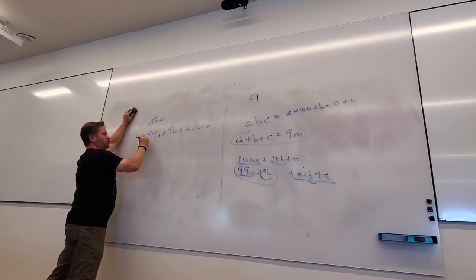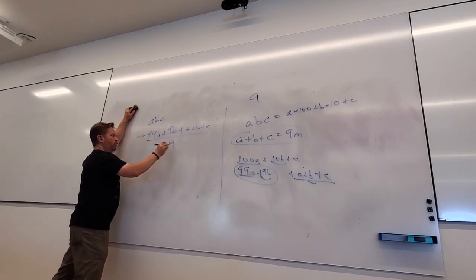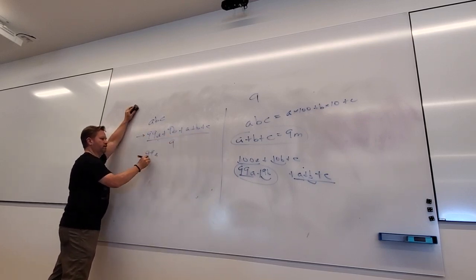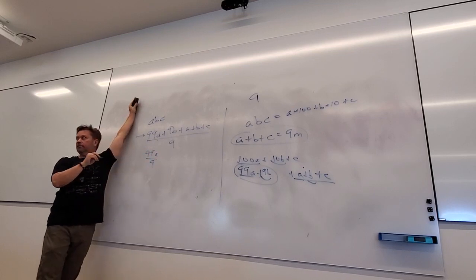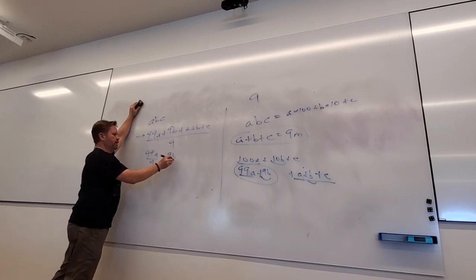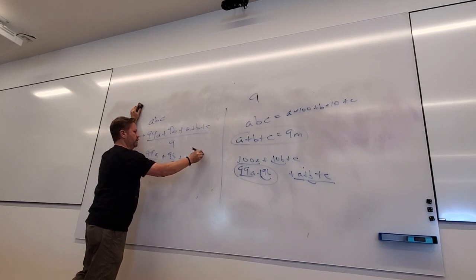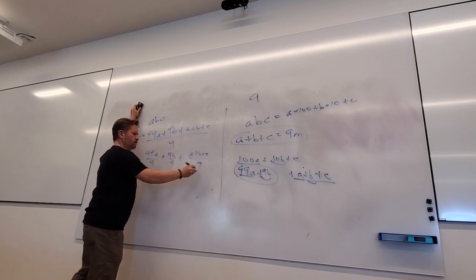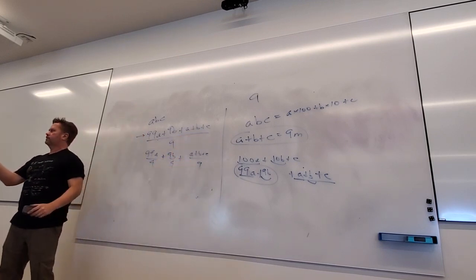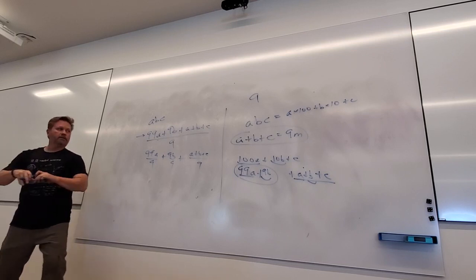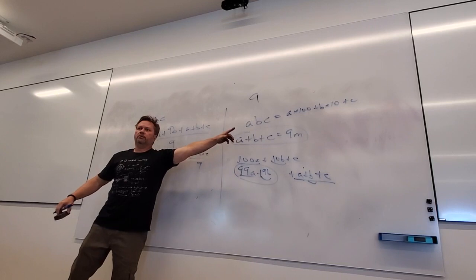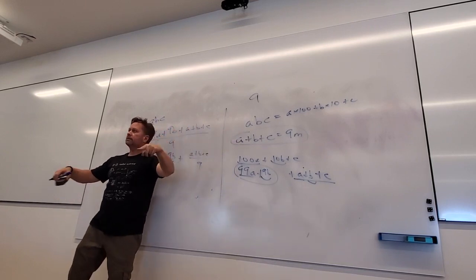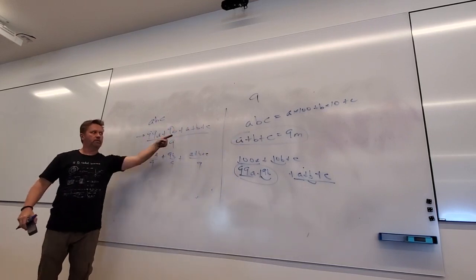So now if I try to divide it by 9, will it work? Yes, because 99A is divisible by 9. Agreed? 9B is divisible by 9. A plus B plus C is divisible by 9 by assumption. I'm assuming that all the digits add up to be a multiple of 9, and I'm showing that that assumption means the whole number is divisible by 9.